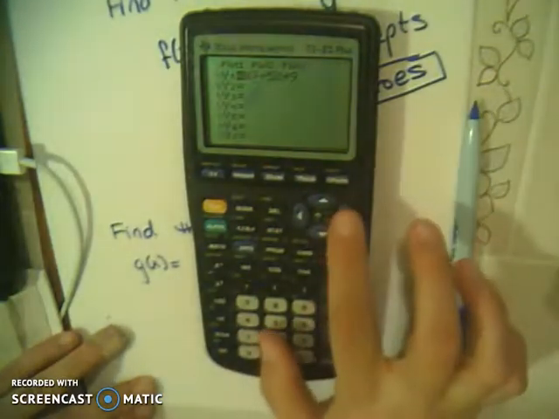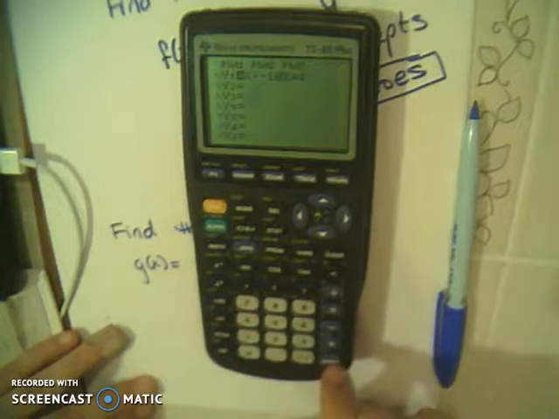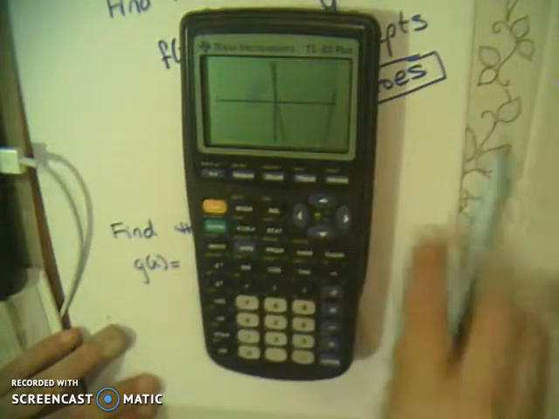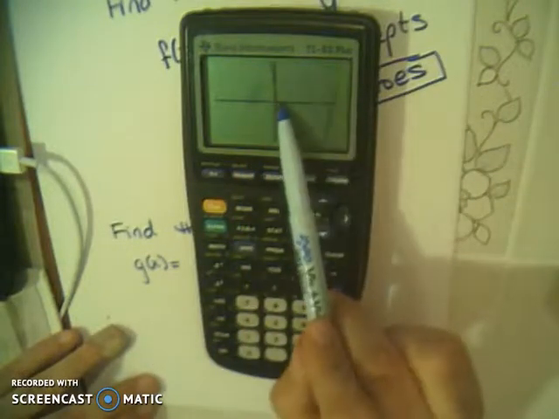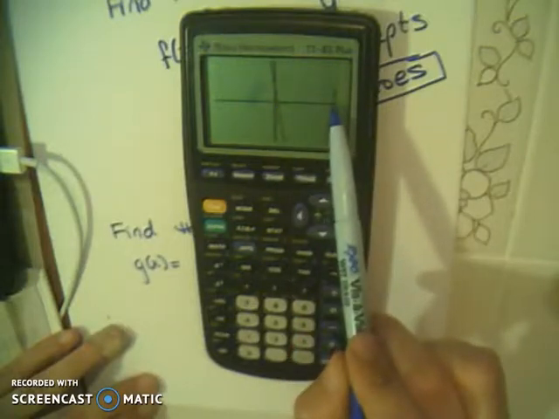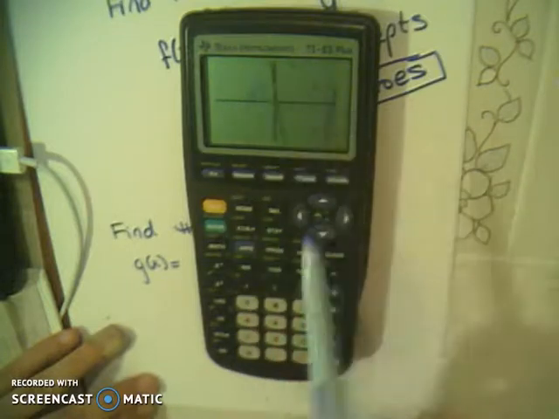So x squared minus 10x plus 4. Zoom 6. And this one does have x-intercepts. We can see there's one real close there to the origin and one real close there out close to 10. I did zoom 6, which is the standard window, which means right now everything's going to 10.